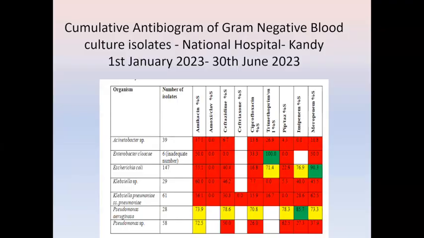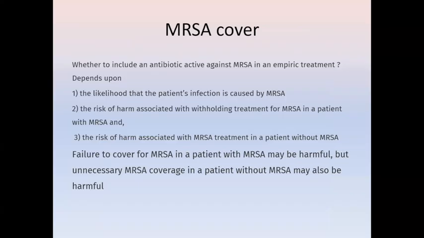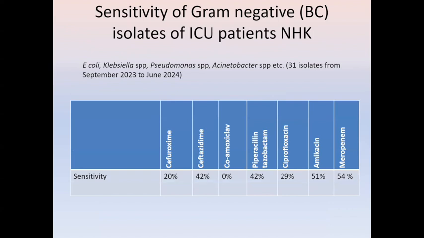So this is a cumulative antibiogram where you can see your sensitivity patterns to guide the treatment and whether to start MRSA cover or not. You have to think again whether the patient had MRSA exposure or MRSA history in your institution. This is a simple sensitivity pattern of Kandy Hospital ICU for several months. We had 31 isolates of gram negatives with sensitivities of 52% and 54% for amikacin and meropenem.